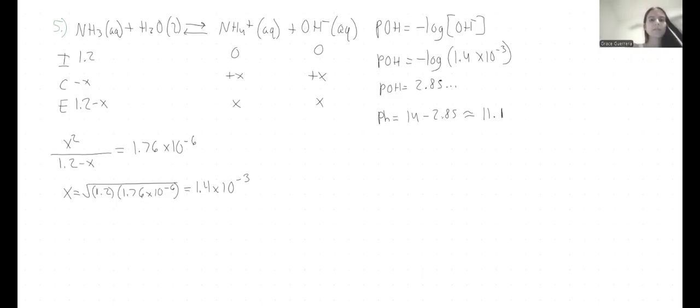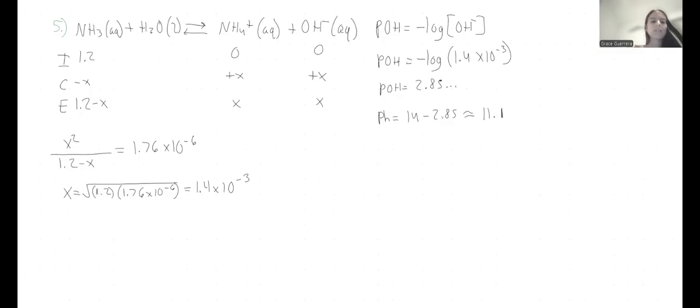And this is our reaction that we would use to set up our ice table. So when we set up our ice table, 1.2 is our initial concentration for our base, NH3. Our change is negative X since we are forming products, and the products would be plus X.